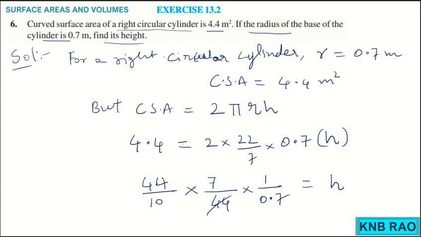Now this 44 cancels. 0.7 ones are 0.7, tens becomes 7, and this 10 cancels with this 10. Therefore the height is 1 meter. You can write 1 meter as the height of that right circular cylinder in conclusion.